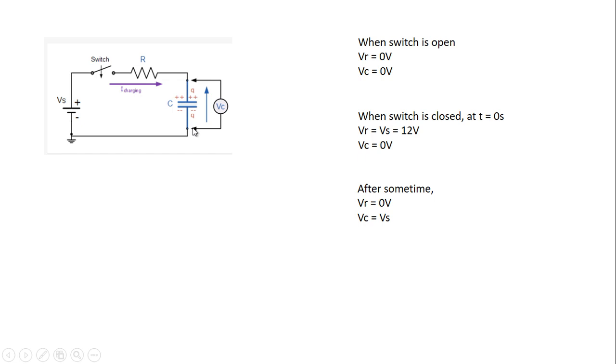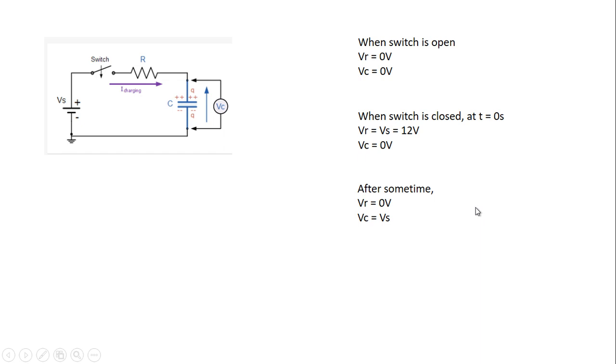The important question here is that it is mentioned that after some time Vc will be equal to Vs, and this situation comes when the capacitor gets fully charged. But the question is, how much time does the capacitor take to get fully charged?